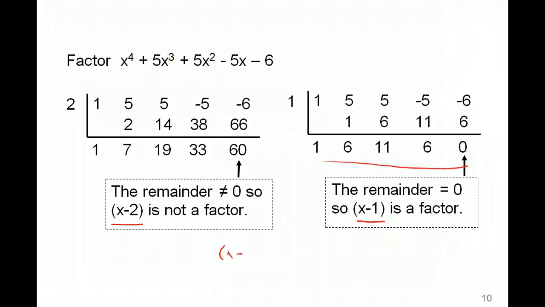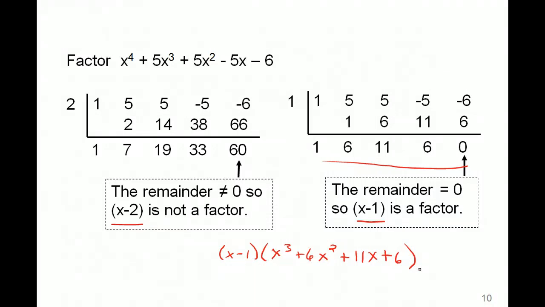And in essence, looking at what I have here, I can factor this now. x minus 1 is a factor, and what I have left will be x to the 3rd plus 6x squared plus 11x plus 6. Okay, so now I've divided this in there and it went in evenly.